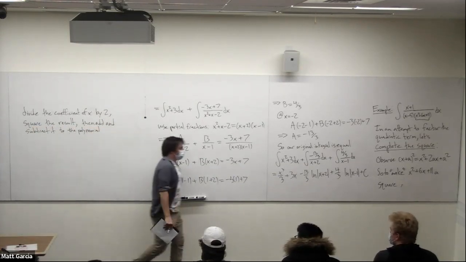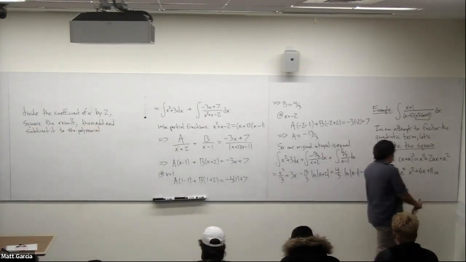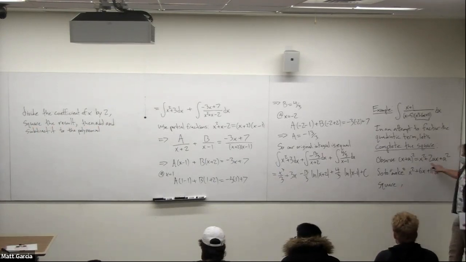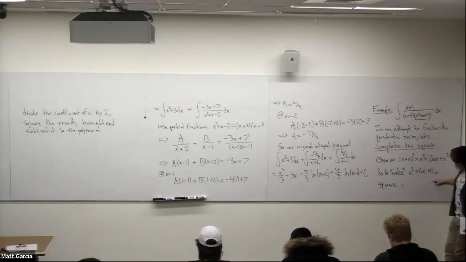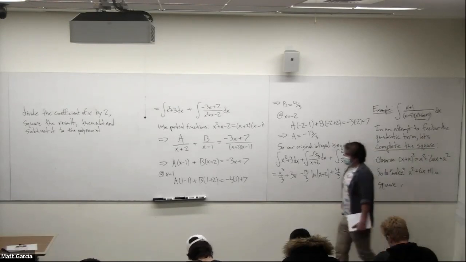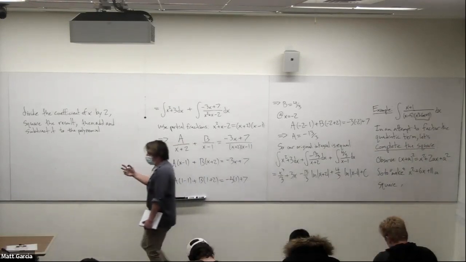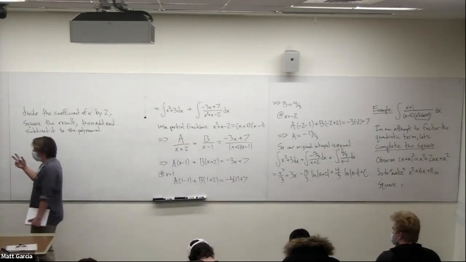Right? That is to say, since a square has this form, if I take the linear coefficient, divide it by 2 and square it, that's what the constant term should be if it were a square. So I'll take 6 and divide it by 2 to get 3, and then square that to get 9.